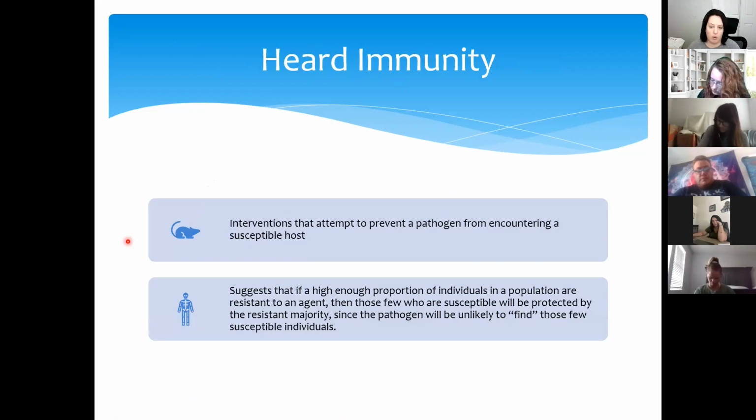So we want to become resistant to those microorganisms to protect those who cannot protect themselves: the immunocompromised, the very old, the very young. That's why we have to have large numbers of immunizations, because we are protecting those who cannot get the immunizations or who are going to be more susceptible even if they have been vaccinated.